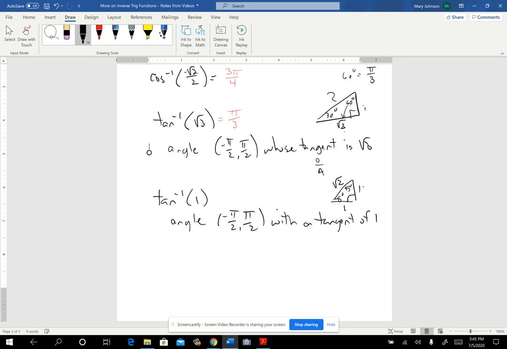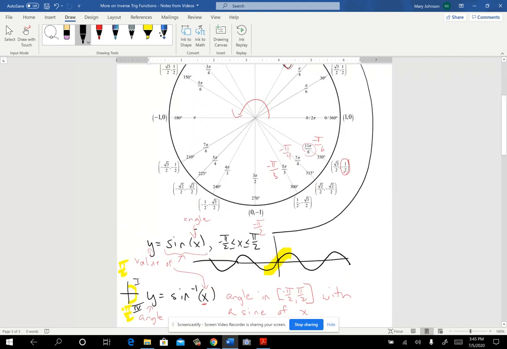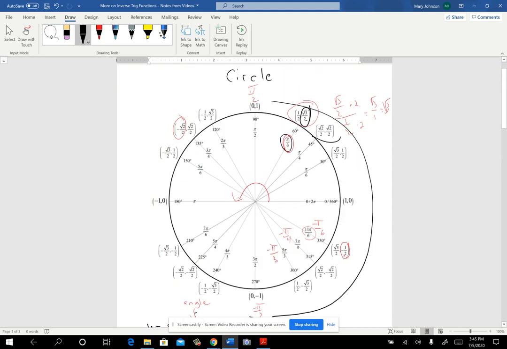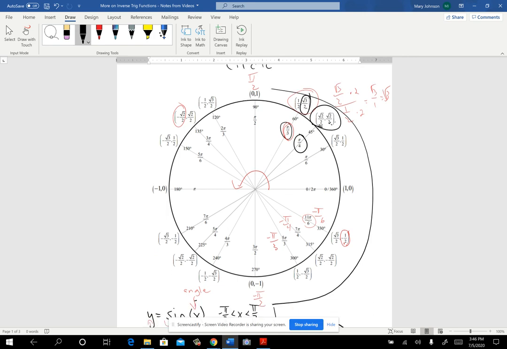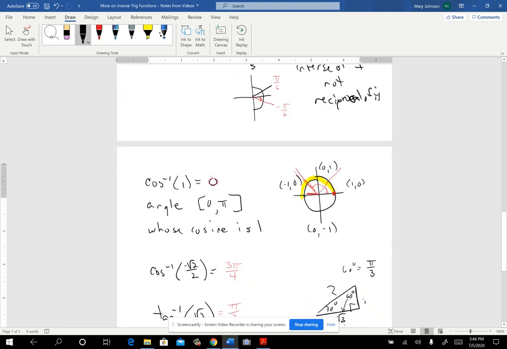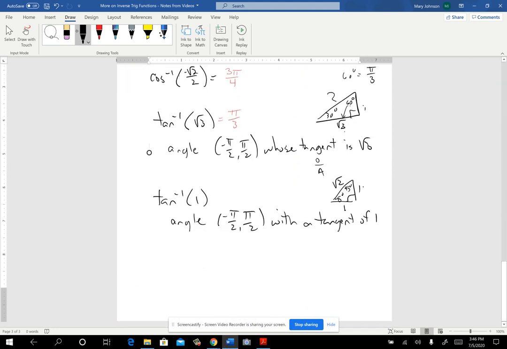So I know it's a 45-degree angle. Okay, you could look at your unit circle and see that. See how the x and the y coordinate of that point are the same. So when you do tangent, you do the y coordinate divided by the x coordinate, you would get 1. So your answer to that should be pi over 4. So that's going to equal pi over 4.